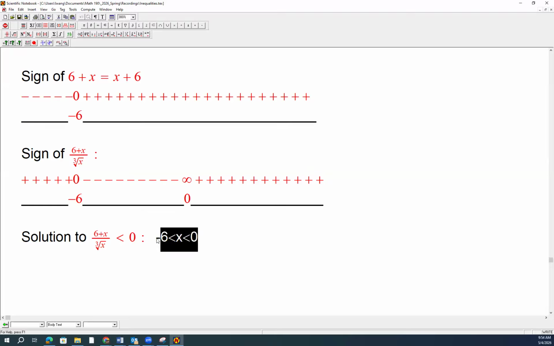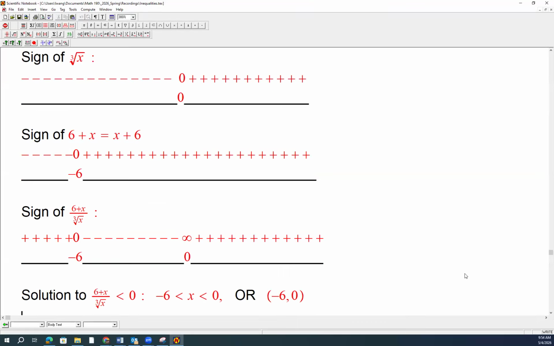And if you want interval notation, that would be (-6, 0). Okay, that's the interval notation. So you can see there's so much involved when solving inequalities, and they're rather complex.